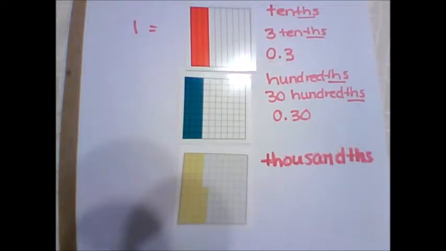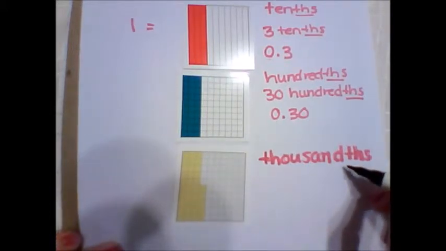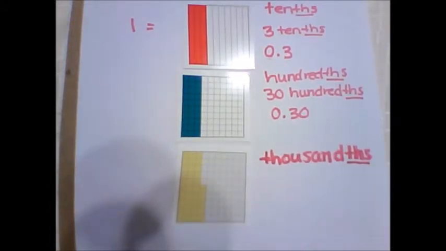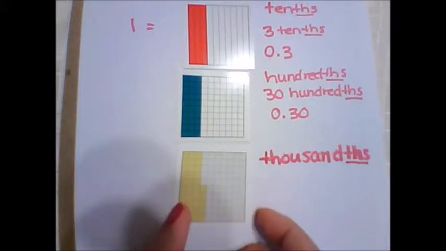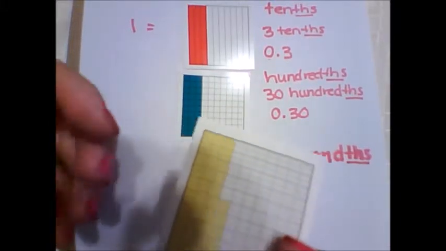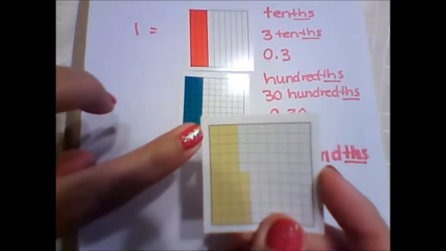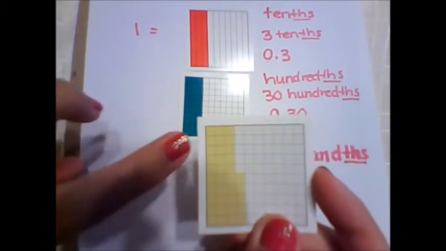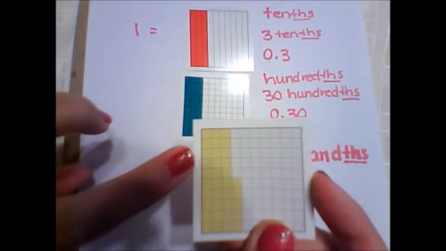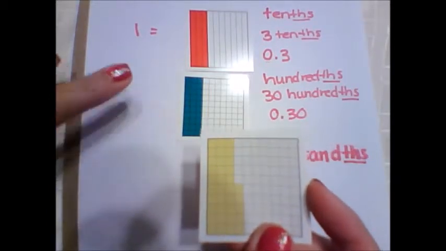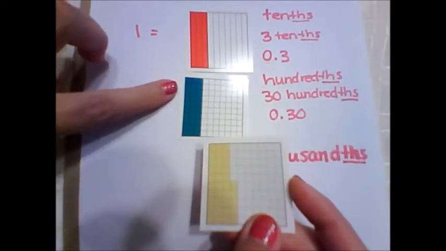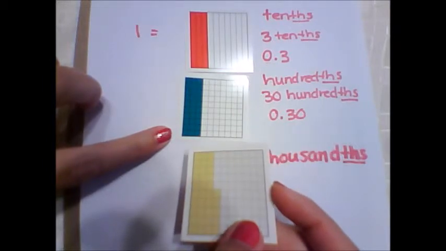This card is divided into thousandths. So you notice that I emphasized the THS sound at the very, very end. Now let's look and see how much is actually shaded. I know that originally this entire first column was set up in a column of 10 in the hundredths.